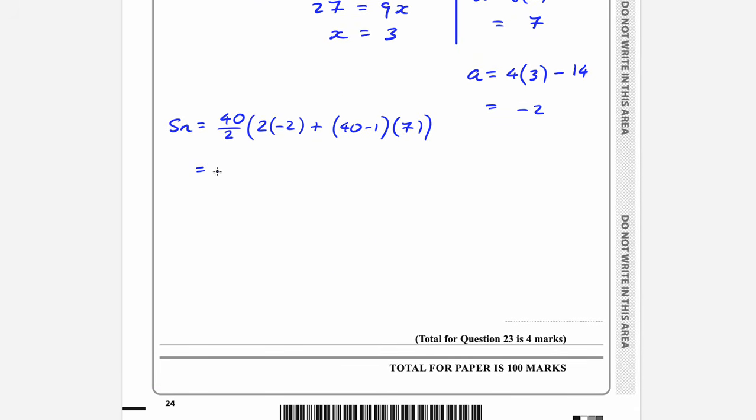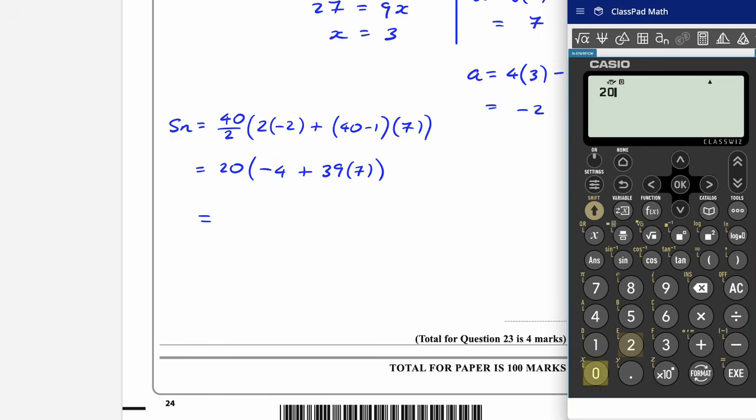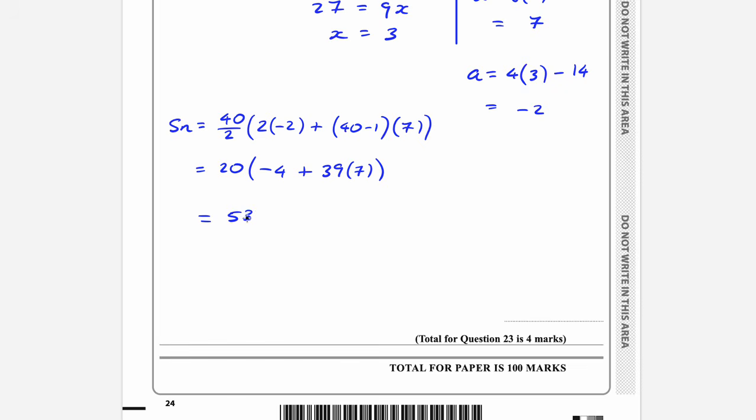I think I'll tidy it up a little bit. 40 over 2 is 20, 20 times minus 4 plus 39 times 7. Okay, so this is 20 times minus 4 plus 39 times 7, close brackets, 5380. 5380.